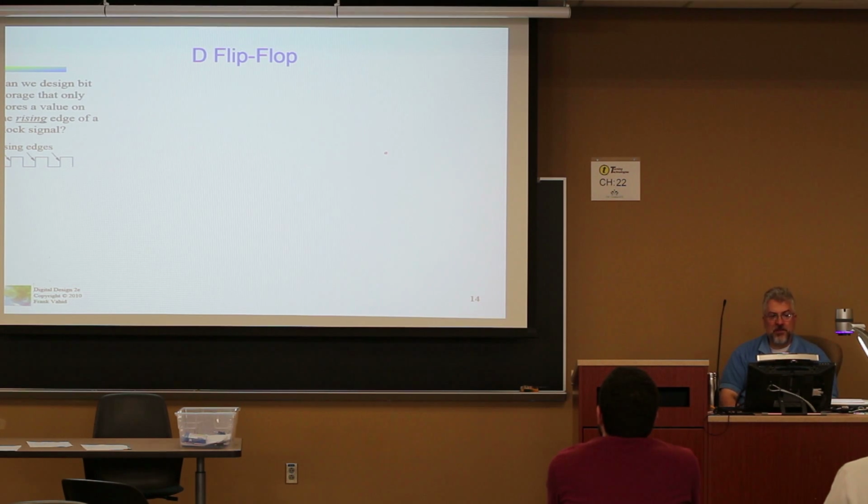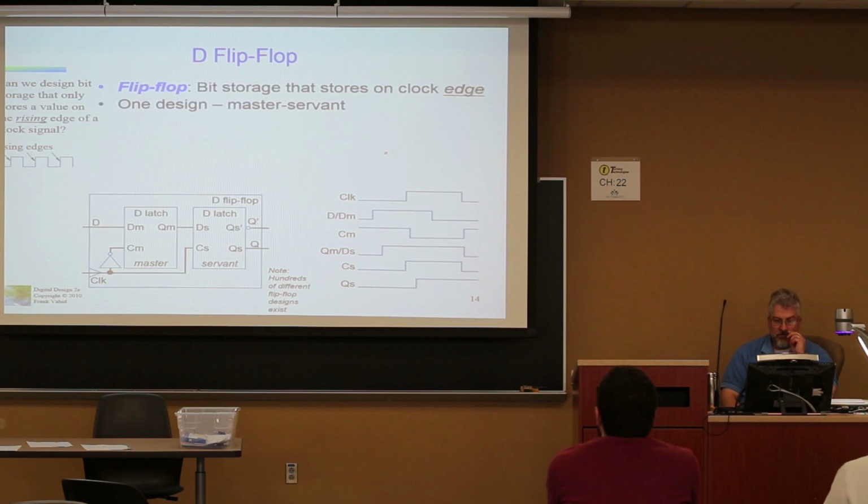So in a D flip-flop, we store values only on the rising edge. I showed you a D-latch. A flip-flop will then be created by taking the D-latch and the clock, and based on a NOT gate on this clock, you have a master and slave latch inside.